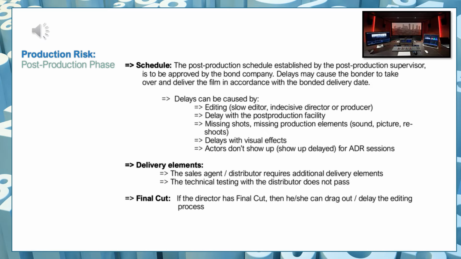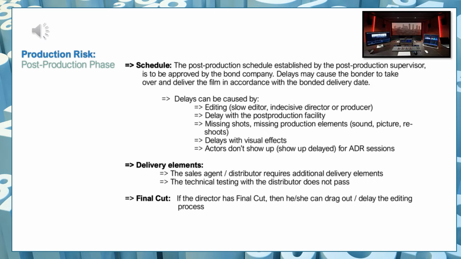Could be an issue. There are certain delivery elements that sales agents or distributors require, where they might add elements to the delivery list. I personally have not had that happen, but I've heard that some distributors have changed their mind about the delivery elements that they want, and then they have to be generated, and that takes a little time.